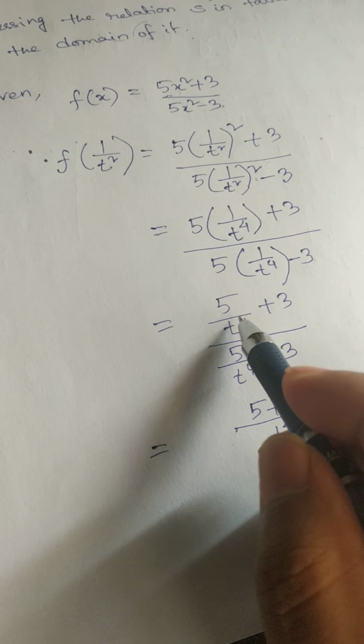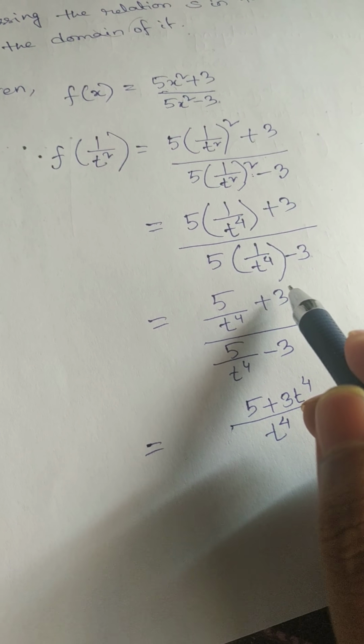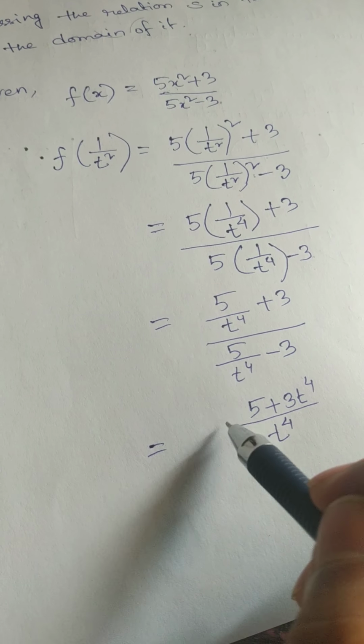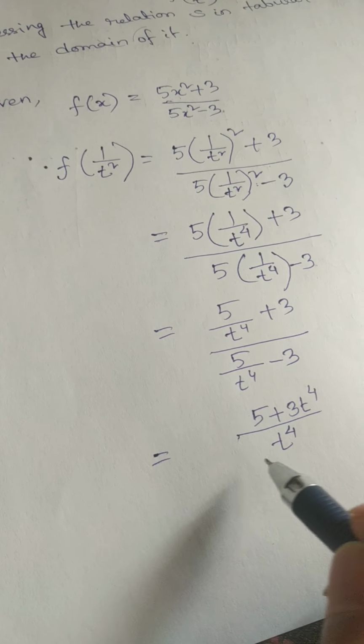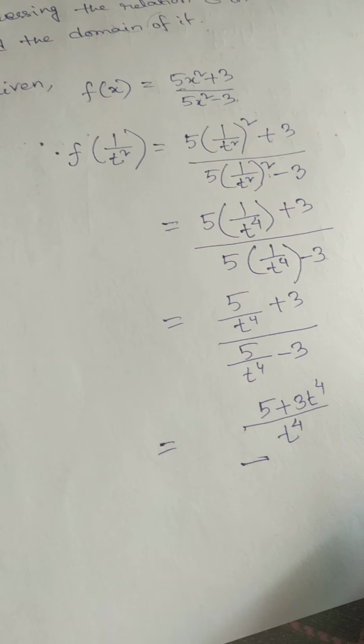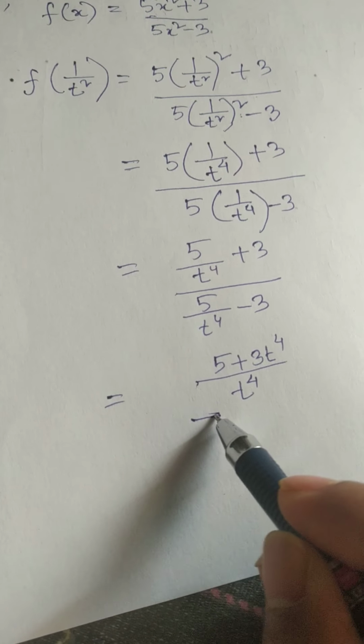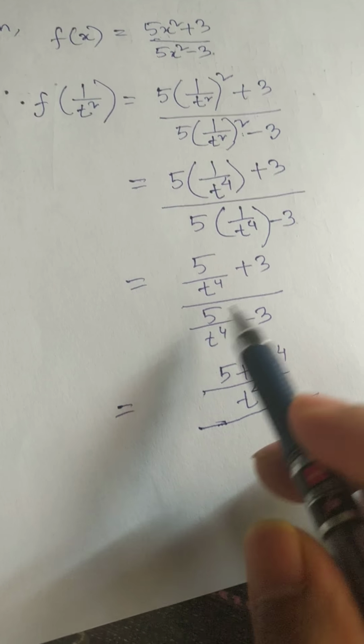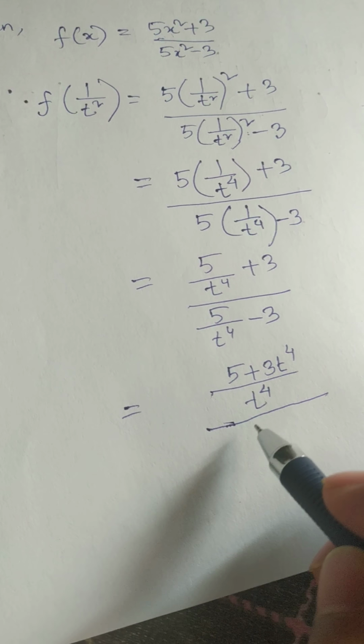So this is simple LCM. This t4 gets multiplied by 3 if we make the fraction into a whole, divided by again 5 minus 3t4 divided by t4.